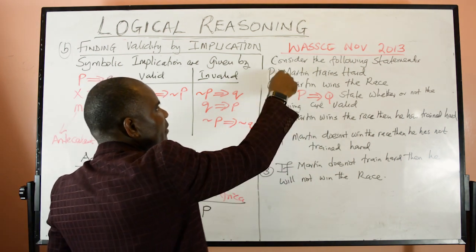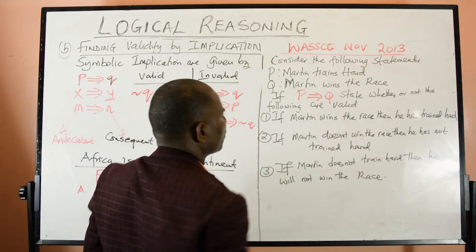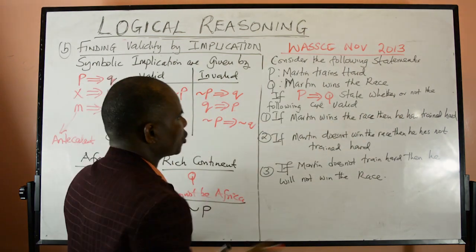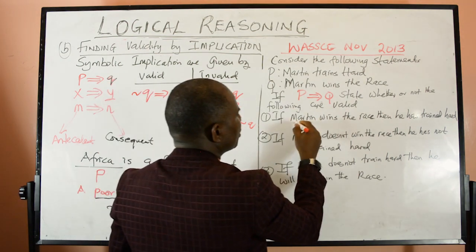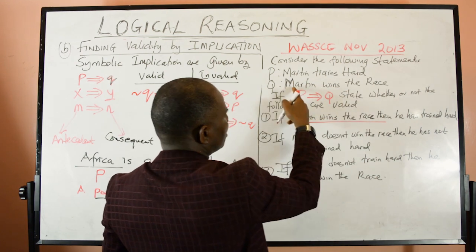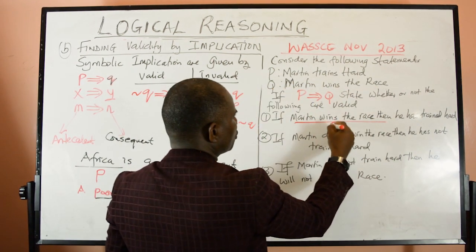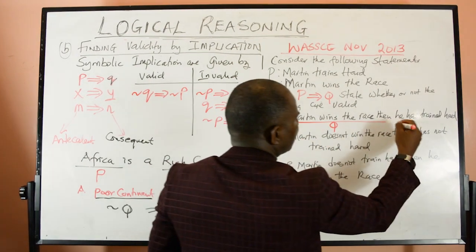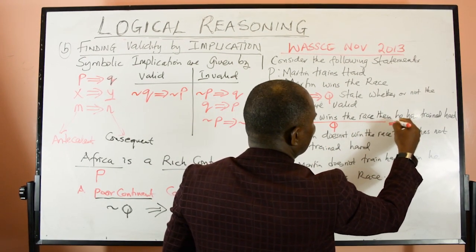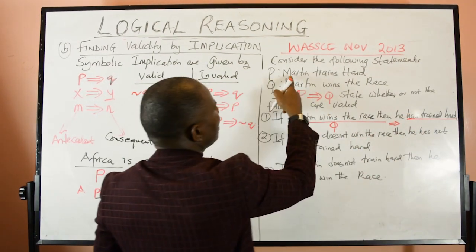If the first statement implies the second statement, let us use it now to find the validity of the following. So watch. Martin wins the race is represented by Q. Then it implies that he has trained hard.